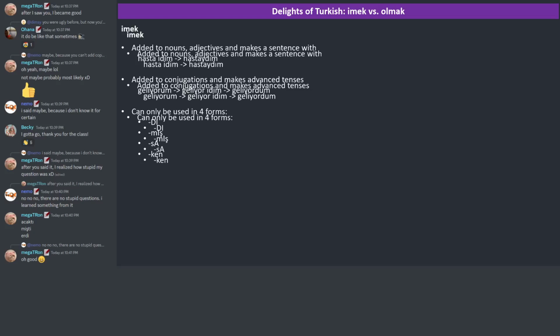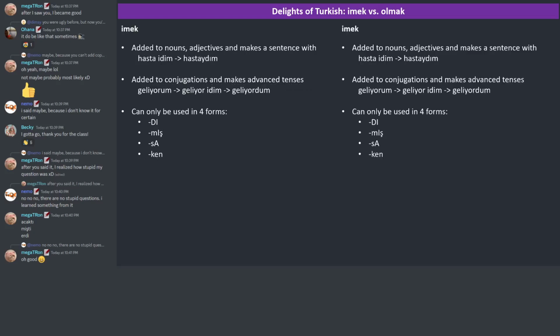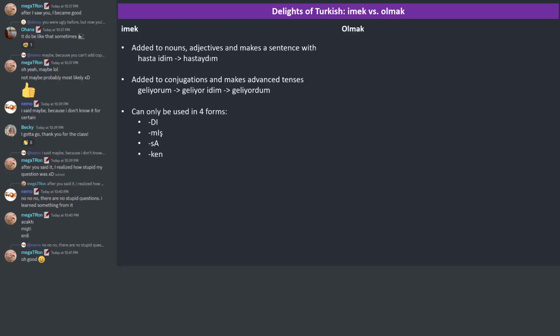Okay, and as for olmak, it is added to verbs. Wait, it is actually a verb itself. Let's say it is used as a verb in the sentence and can be conjugated in all forms.